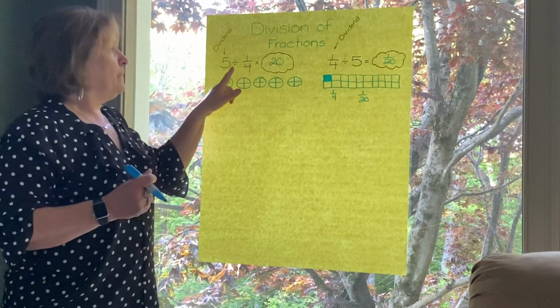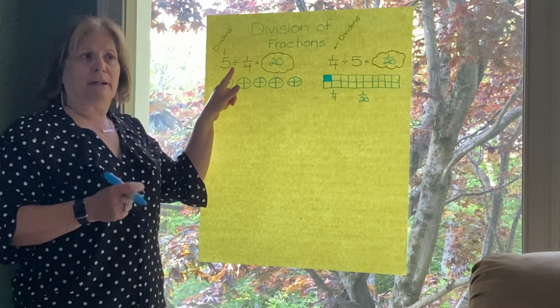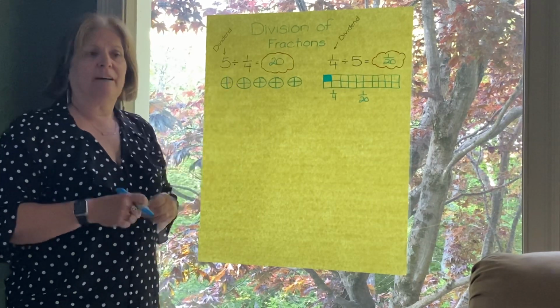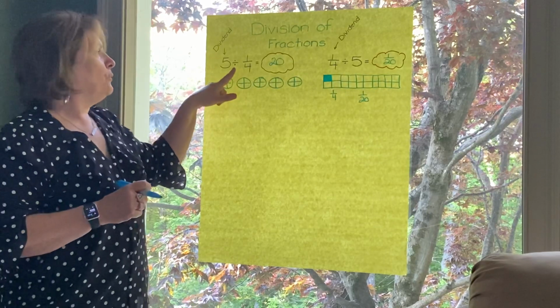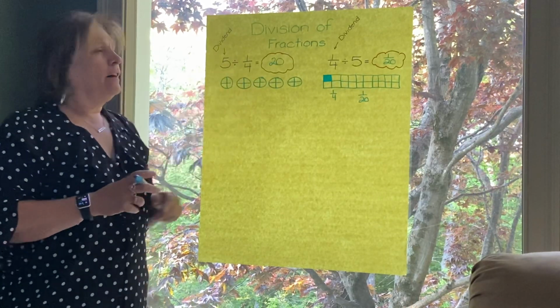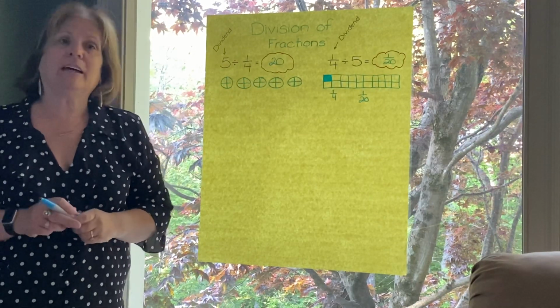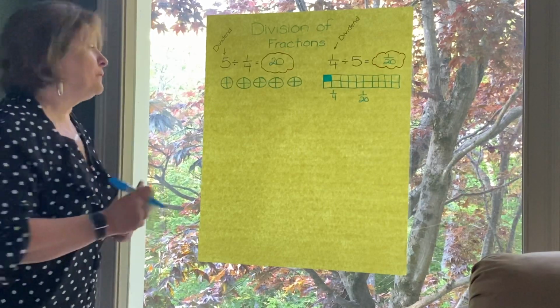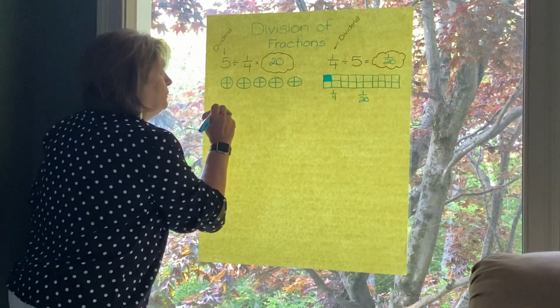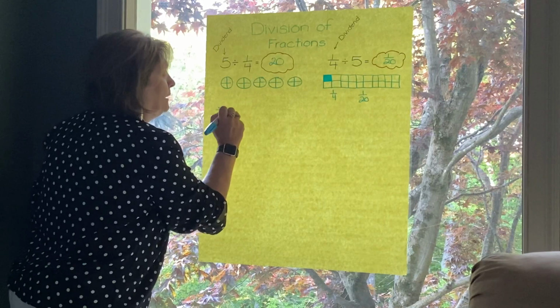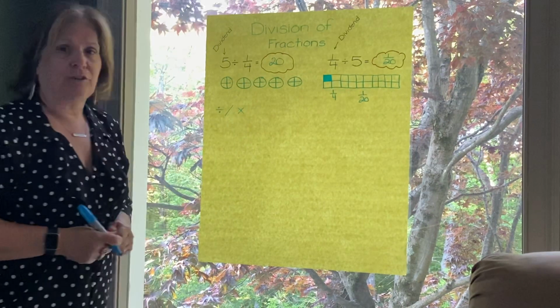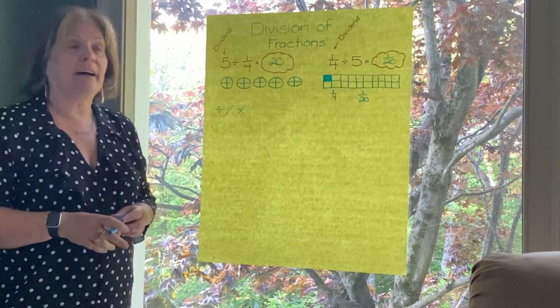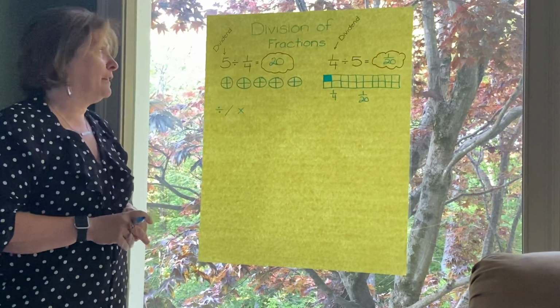What we have to think about is the inverse operation for division. Now, inverse means opposite. And what is the opposite operation for division? And hopefully you all know that's multiplication. And so to solve division problems, we can often use multiplication. And that's what they do for the algorithm with the division of fractions.